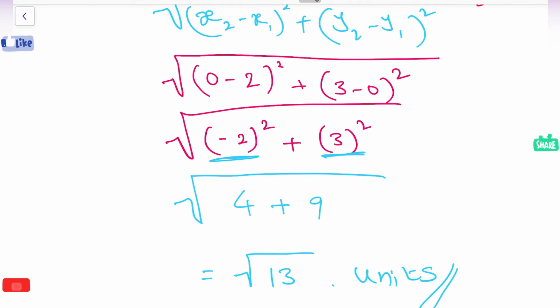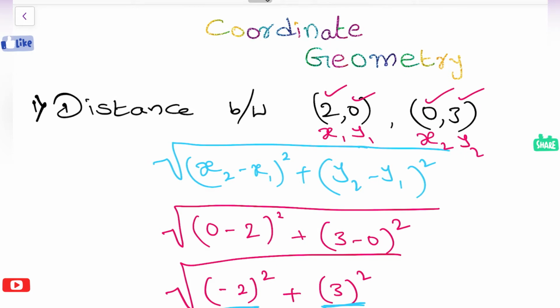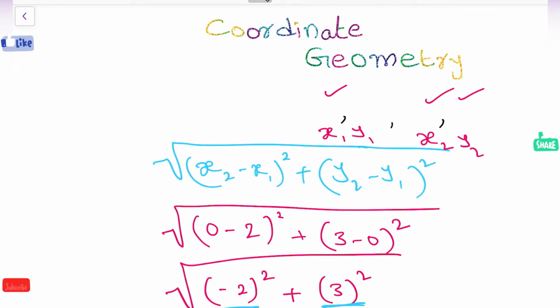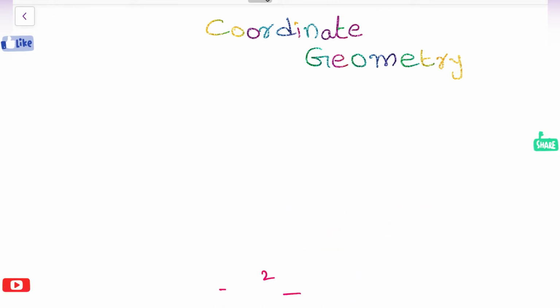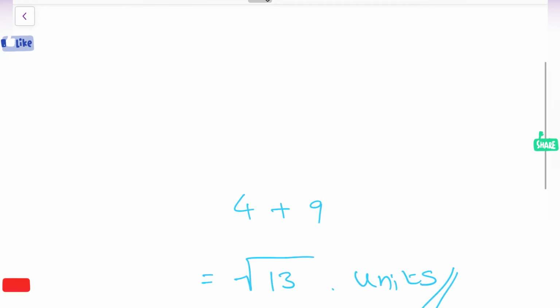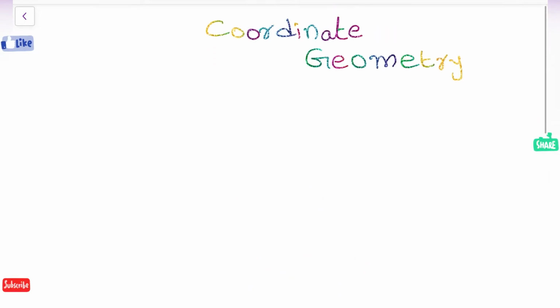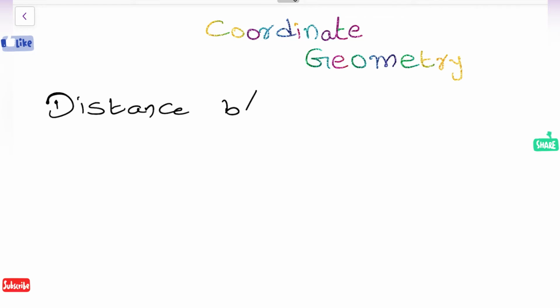Okay, let us take one more example and do that also. Okay, the next question is find the distance between 3, 0 and 0, 4.